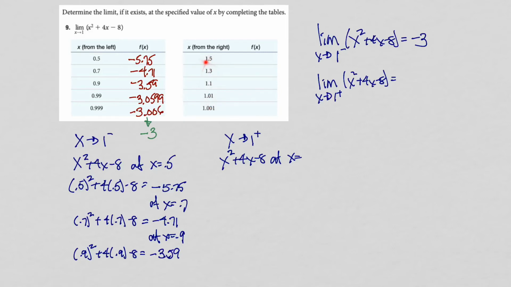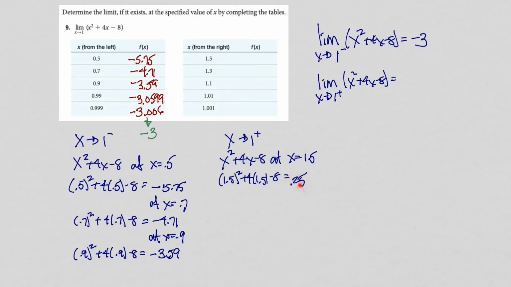So let's start here at 1.5. When I put in 1.5, it looks like 1.5 squared plus 4 times 1.5 minus 8. And my calculator shows that I got 0.25.